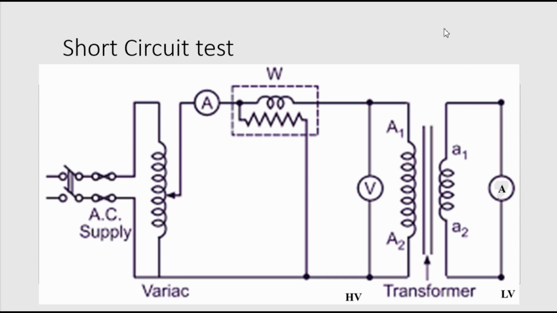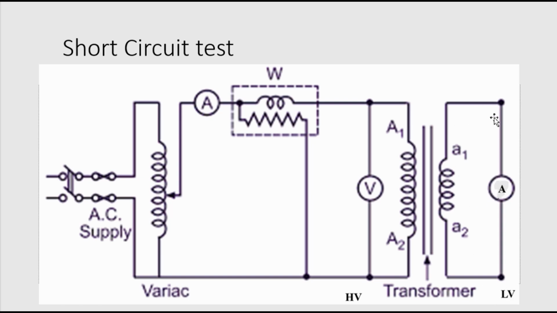Suppose we are using a 1000 volt ampere or 1 kVA transformer, and this side has a voltage value of 500. That means the rated current at this side will be 1000 by 500, that is 2 ampere.